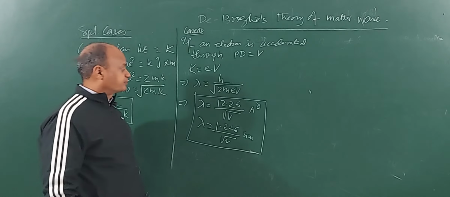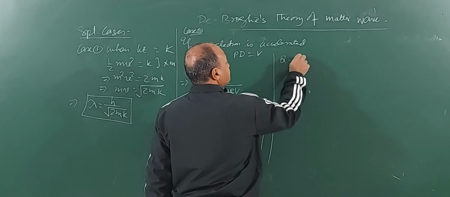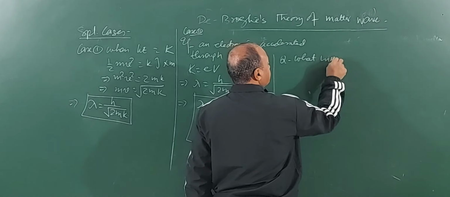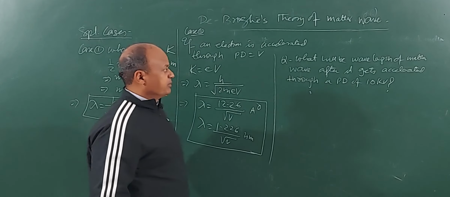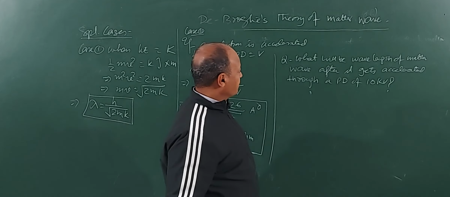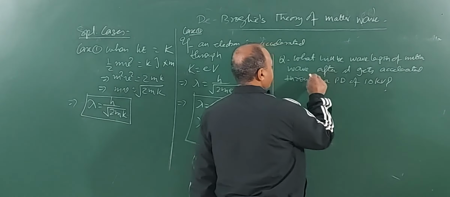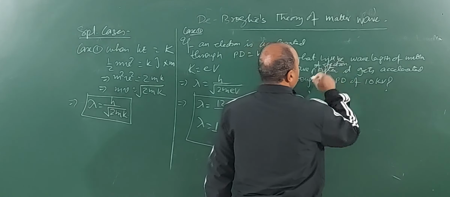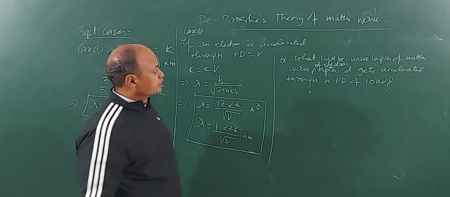Now here is a very simple question. What will be the wavelength of the matter wave associated with an electron after it gets accelerated through a potential difference of 10 kilovolt?